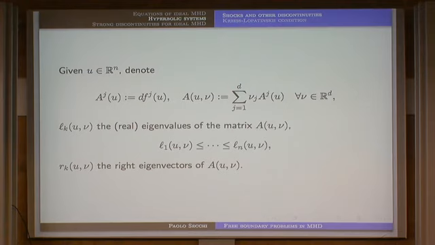So this is A(u, nu), a matrix, okay? We know that the system is hyperbolic, so this matrix has n real eigenvalues, which we denote by L1, ..., Ln, which depend in general on u and nu, and R_k, the corresponding right eigenvectors.